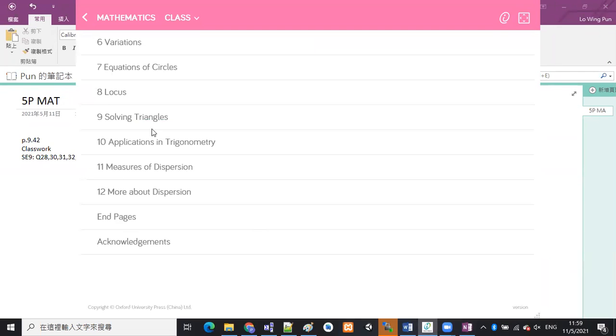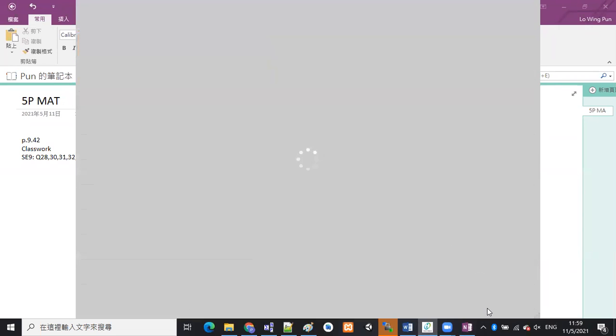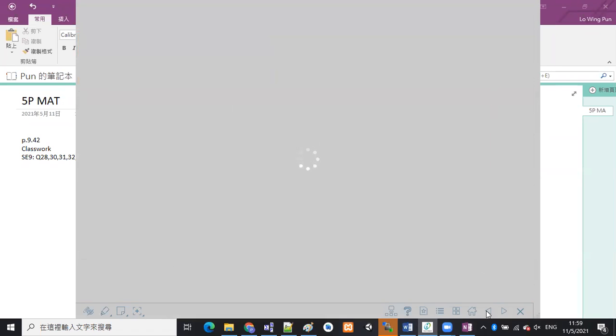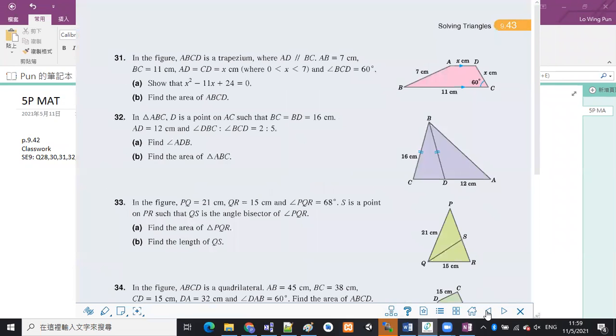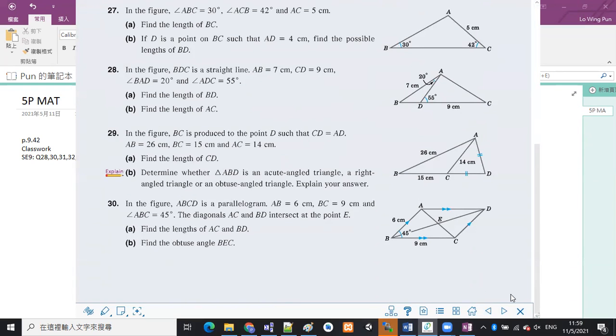Question number 28. If you do 28, go again.